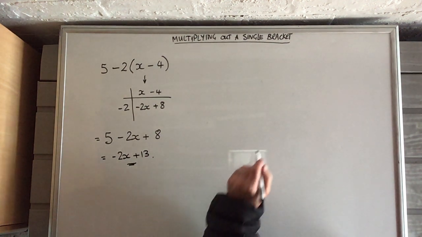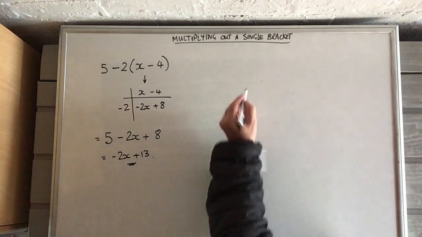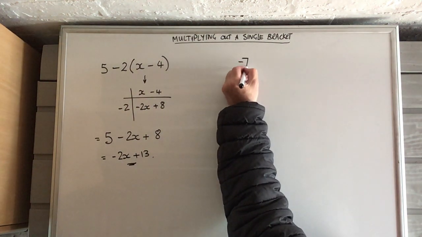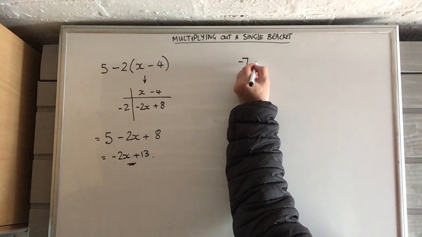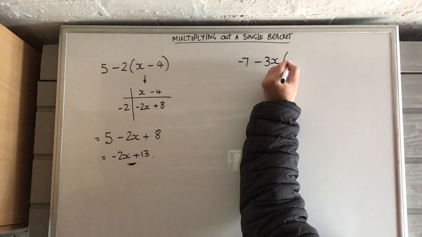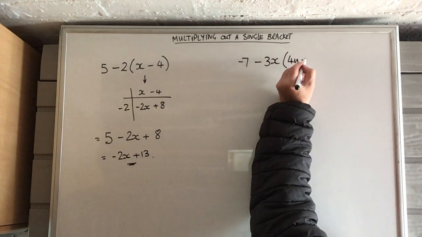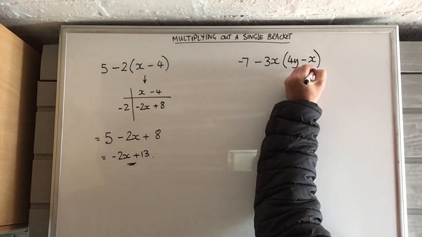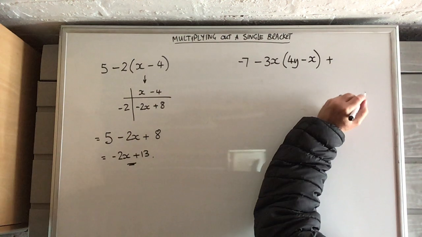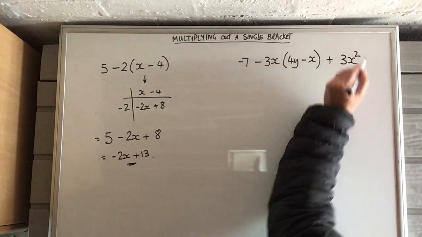Right, let's try and put everything together in the final example. So let's put negative 7 minus 3x bracket 4y minus x plus 3x squared.